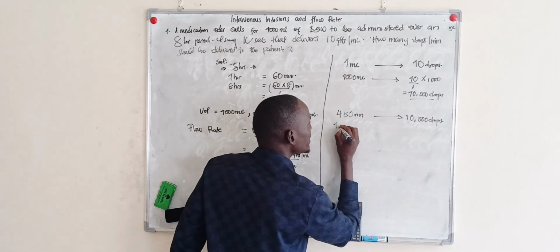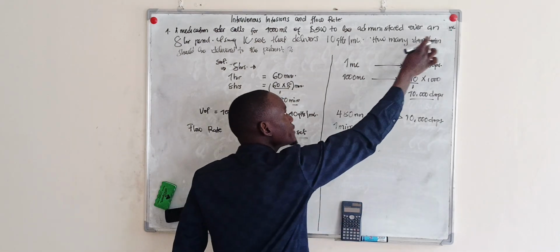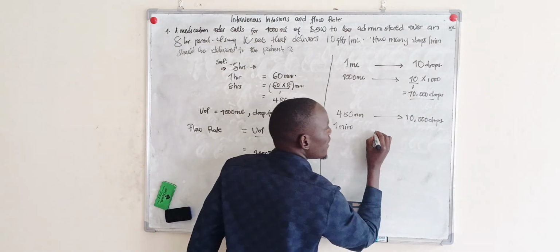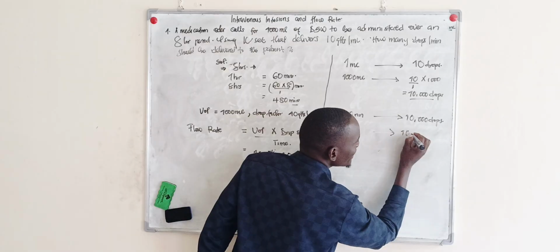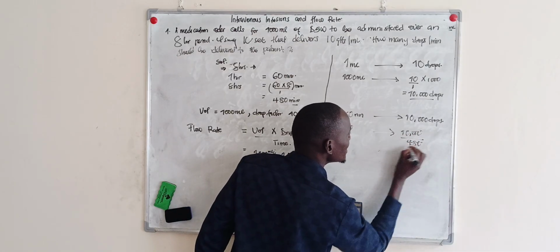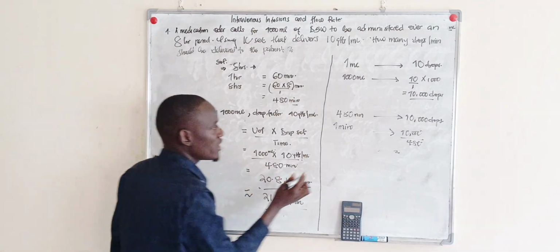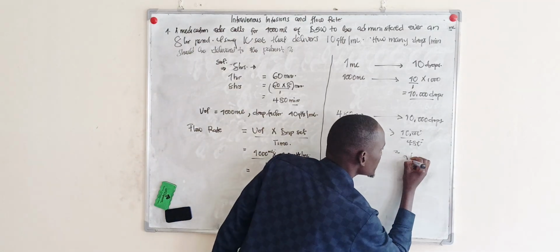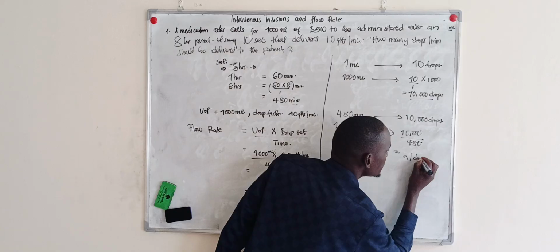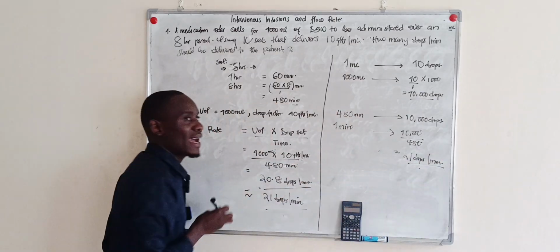How about in 1 minute? Because they want drops per minute. This will be 10,000 divided by 480. This is not different from the previous method. It will also give us approximately 21 drops per minute as the answer.